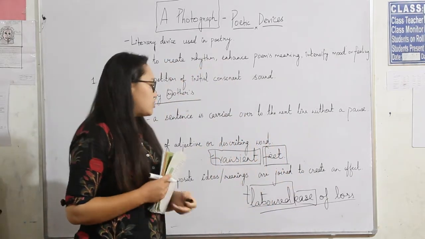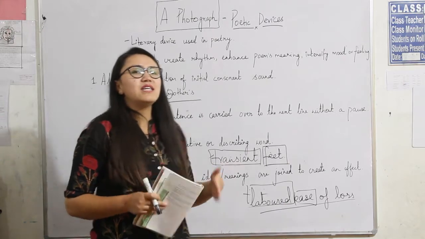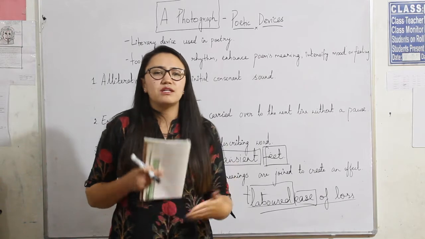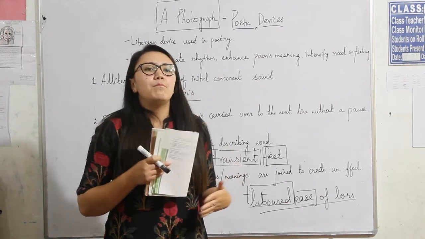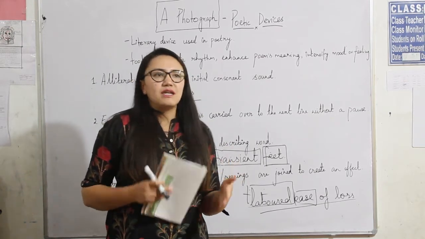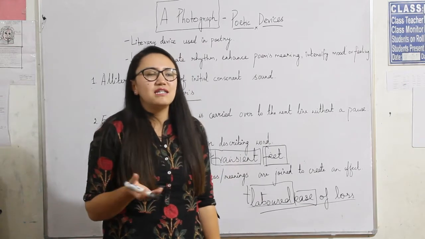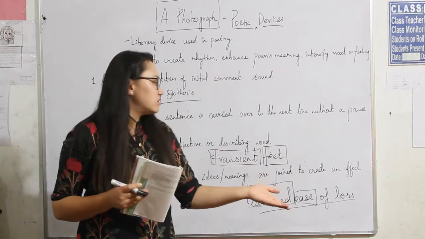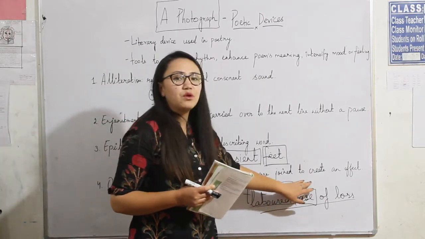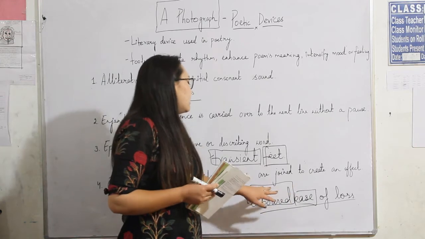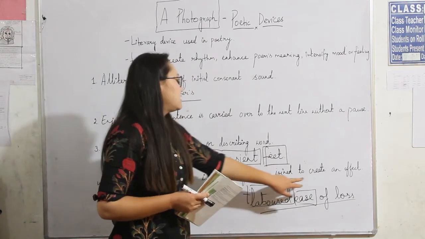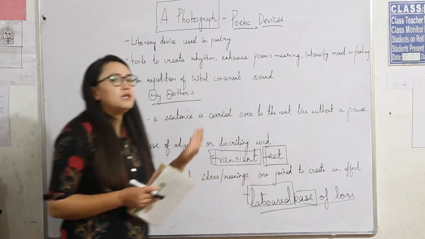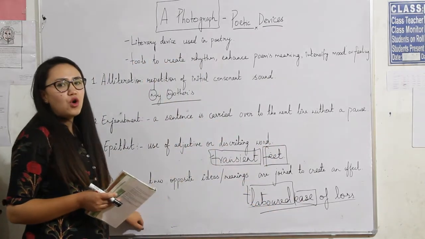The poet wants to convey that memories are earned with so much hard work, with so much time spent all throughout life. Memories are labored, they need hard work and so much time. But when you lose a person, those memories also go away very easily. So that is why the poet has used this labored ease, and this is a very important literary device, which is known as oxymoron.